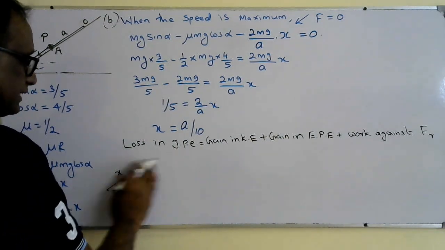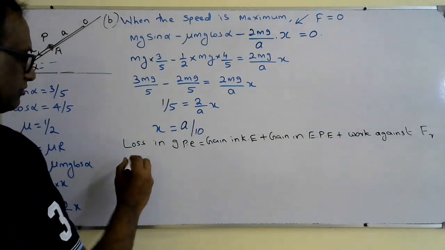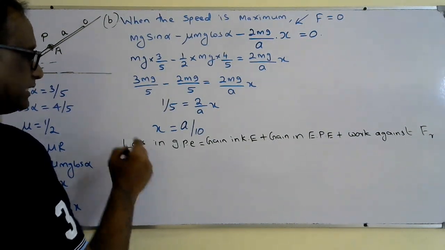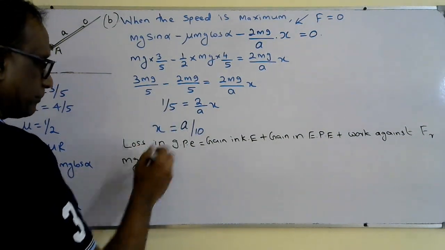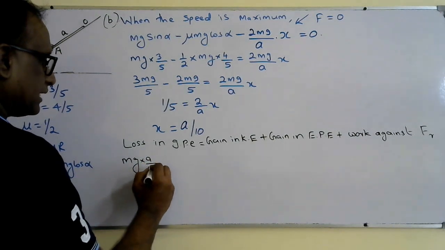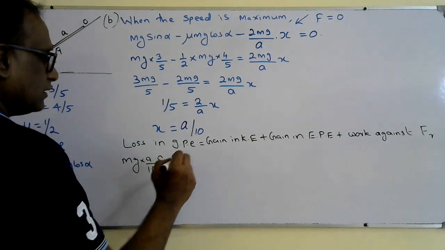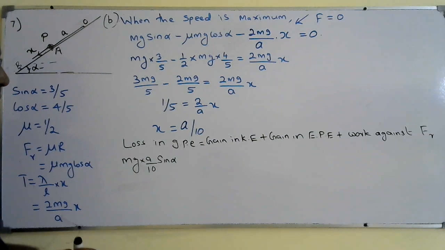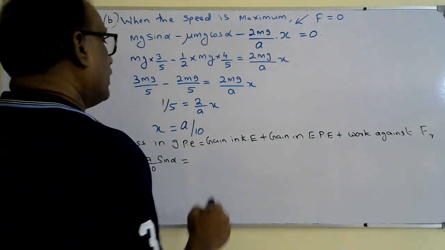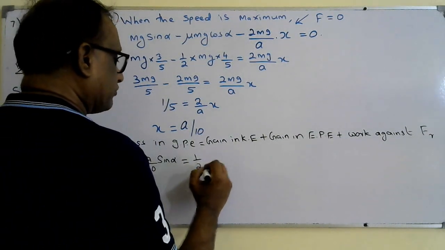So loss in GP is mg x sine alpha, but instead of x I can put A over 10 sine alpha. Sine alpha I will substitute later.